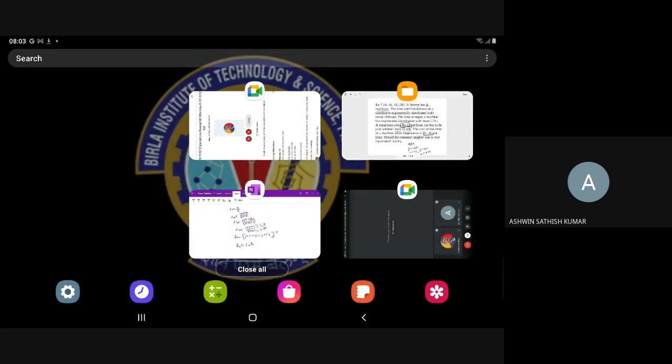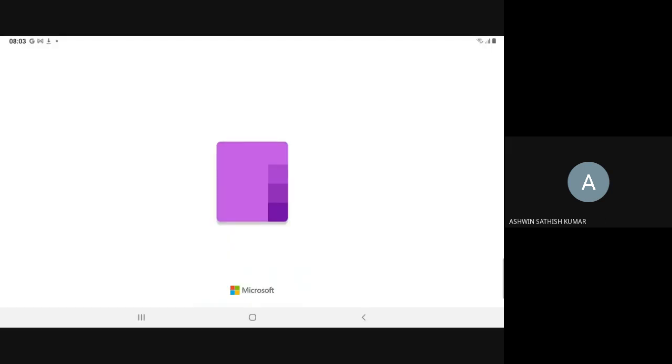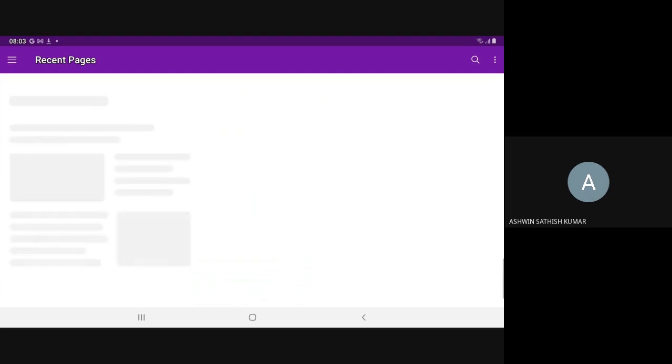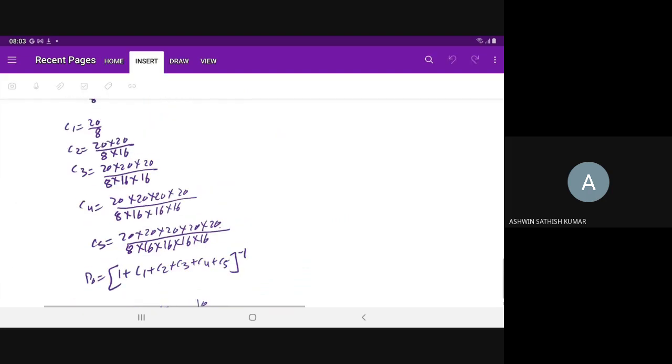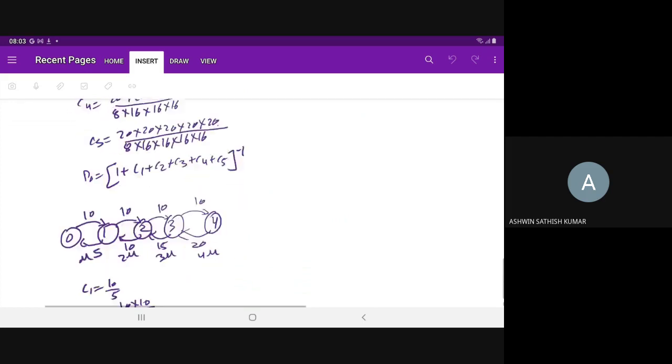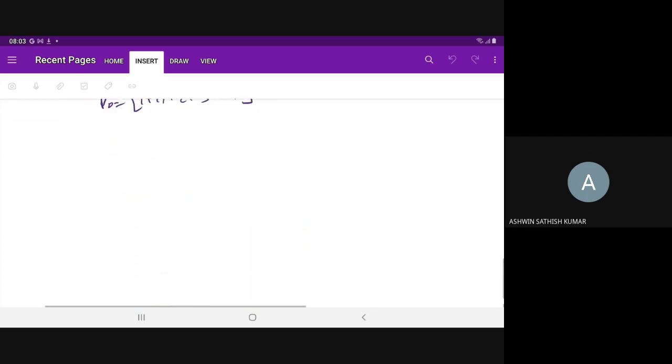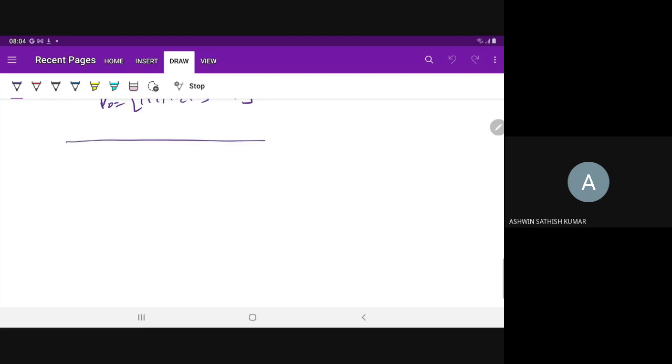In this model, first we have to decide whether S is 1 or S is 2.